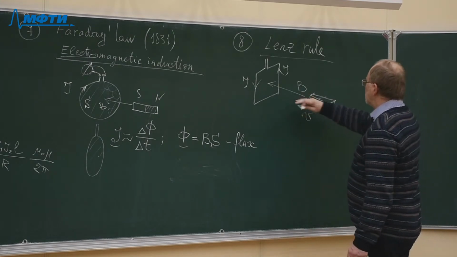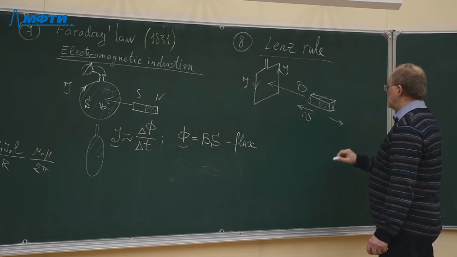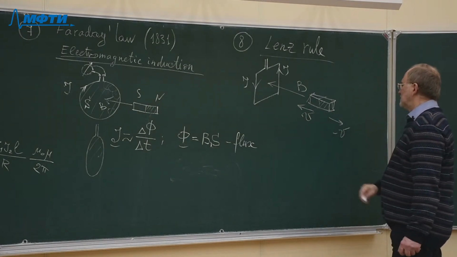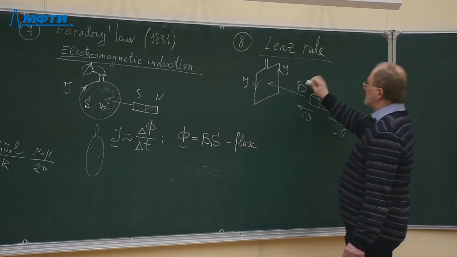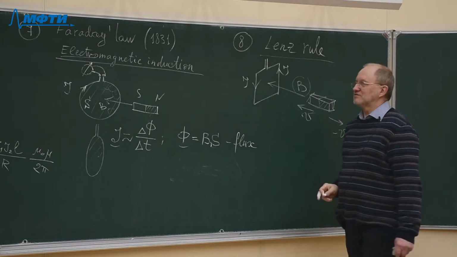If you move the magnet bar in the opposite direction, if you move it here with the velocity minus v, then the external magnetic field induction will decrease in the area of this loop.